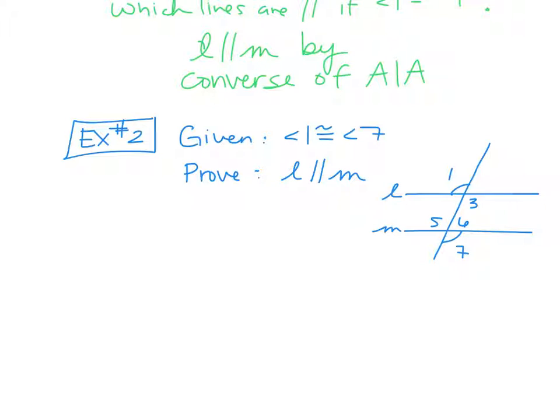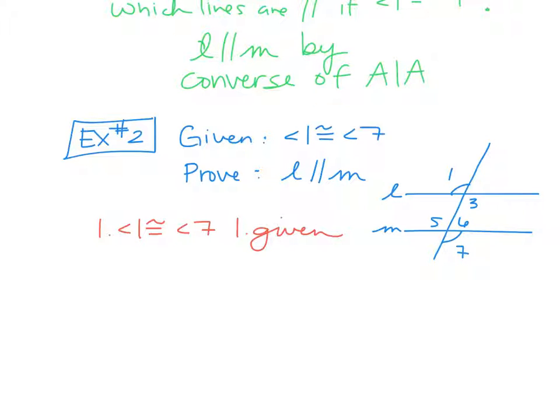All right, what's your first thing? The given. So you're going to say that we know angle 1 is congruent to angle 7 because it was given to us. Okay. Is there anything else that you know to be true in this picture? 3 and 6 are same side interior angles.